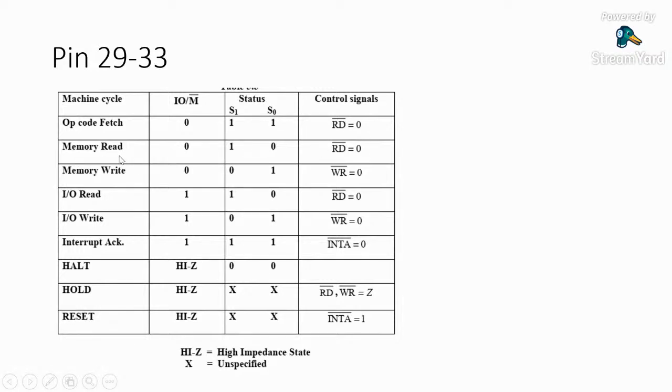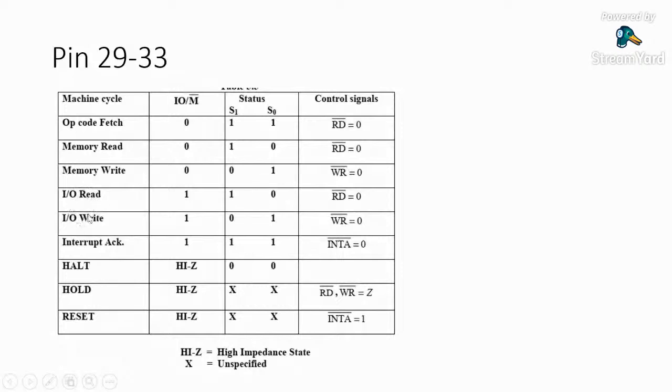And for memory read, S1 and S0 are 1 and 0, and the control signal is active low equal to 0. So this is memory read, this one is memory write, and we also have input output read and input output write.